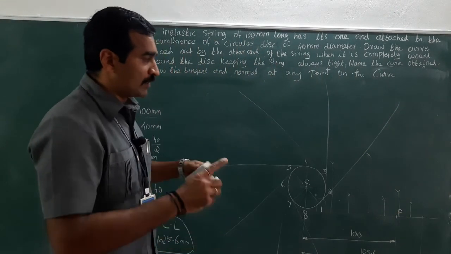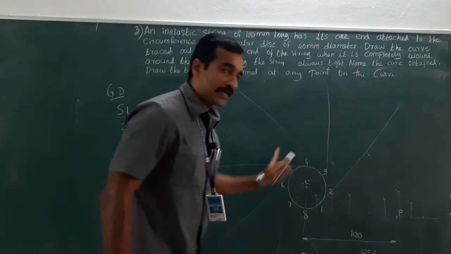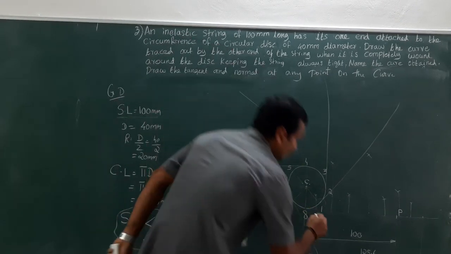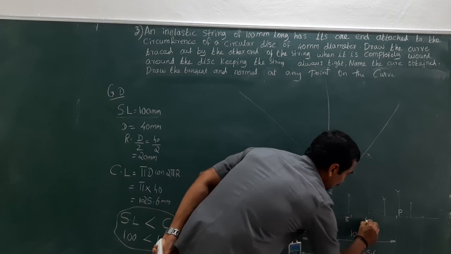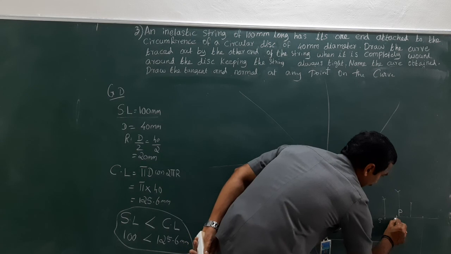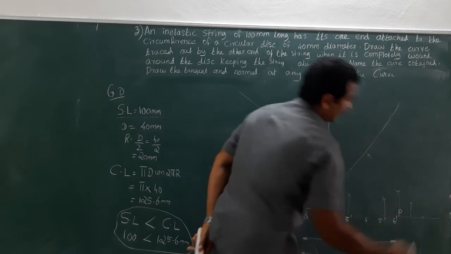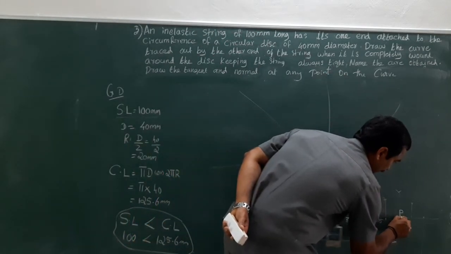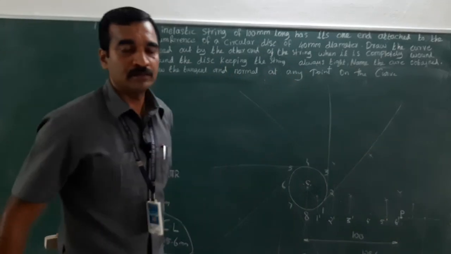So now start giving the naming for the string length. Here the disc has been given 1, 2, 3, 4, 5, 6, 7, 8. For the string length, I am giving 1 dash, 2 dash, 3 dash, 4 dash, 5 dash, 6 dash, 7 dash. 8 dash need not be mentioned, because our string length is up to here only.